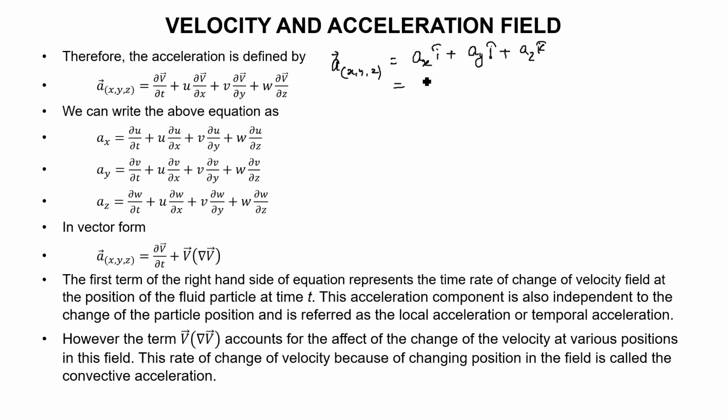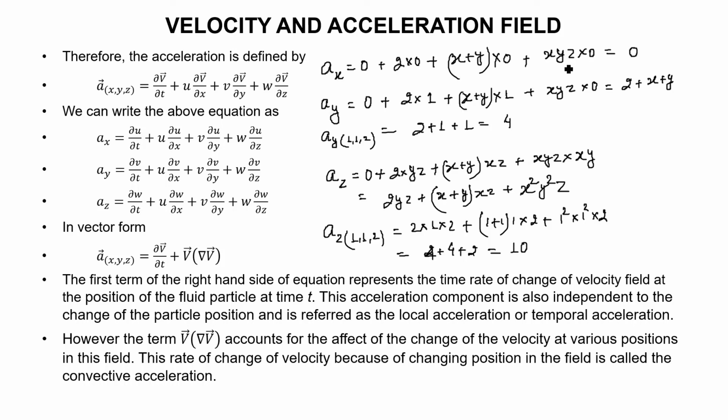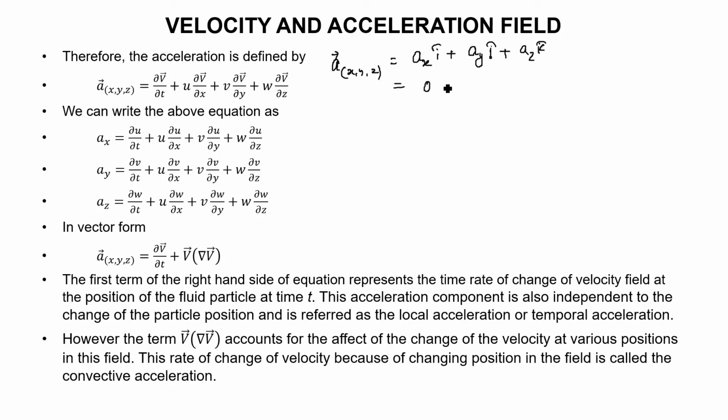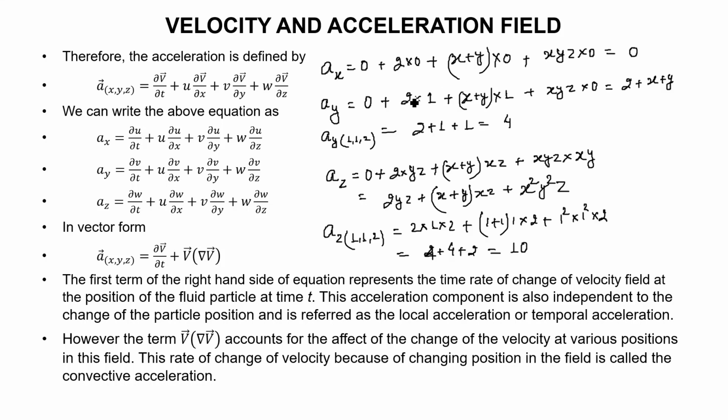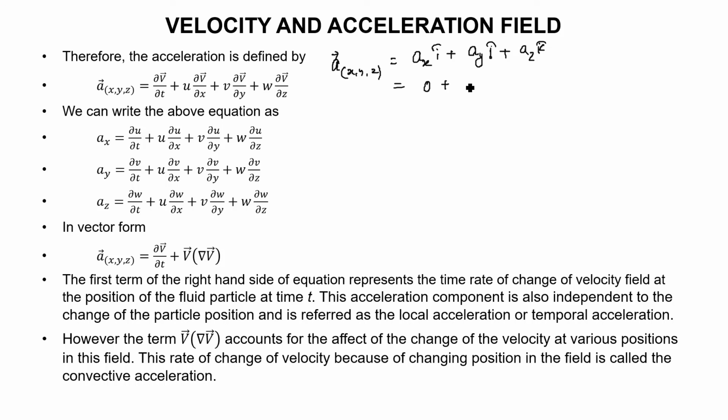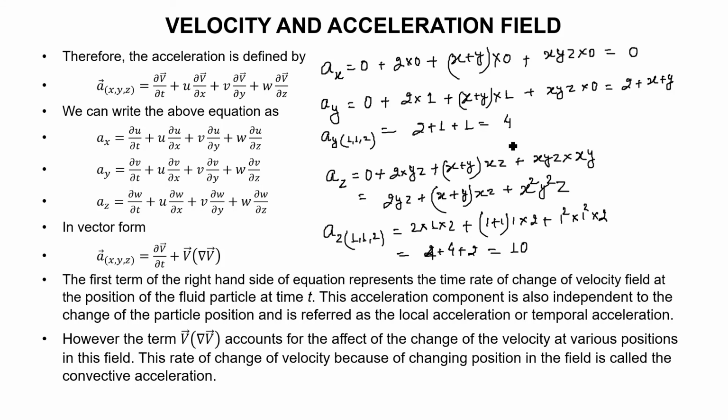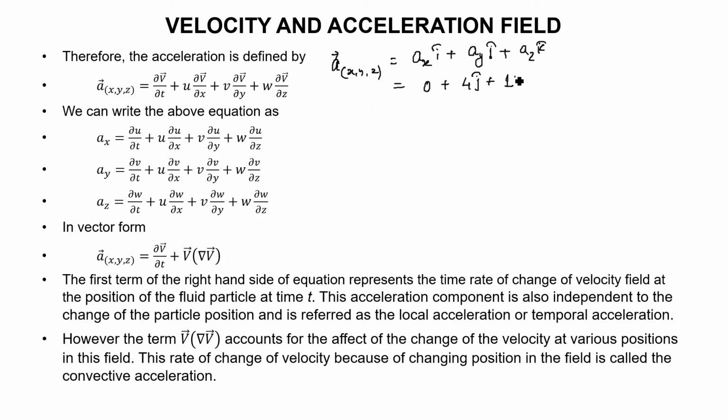The value of ax we got is 0, ay we got 4, so 4j, and az we got 10, so 10k.